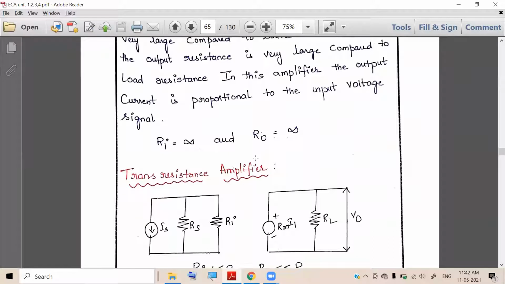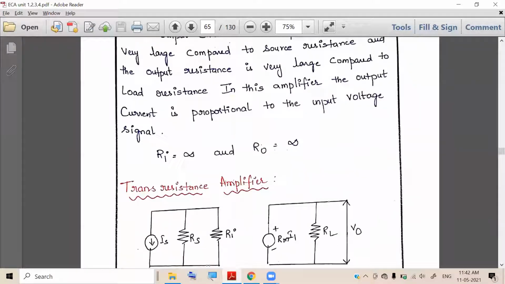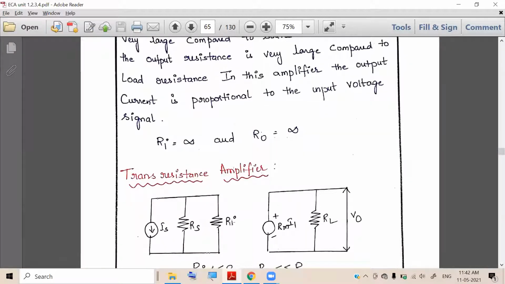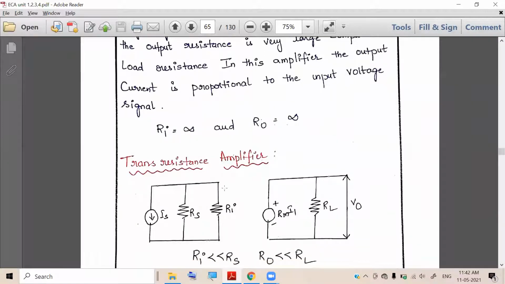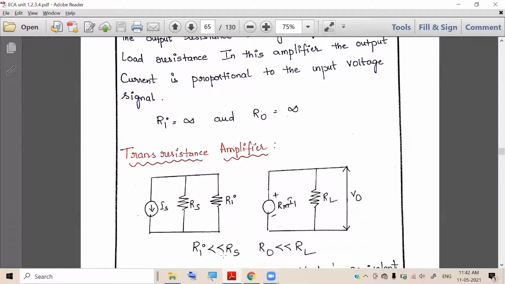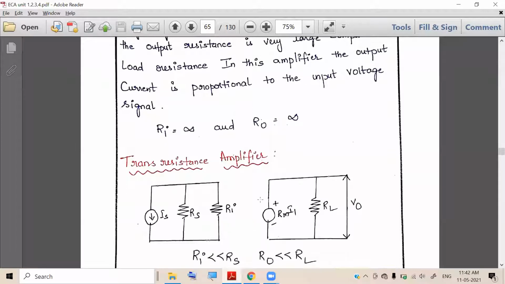So the conditions for the transresistance amplifier: input is current. For the current to entirely pass on through Ri, what should be the condition? Ri should be much less than Rs. Next, there is one resistance, Ro, here.